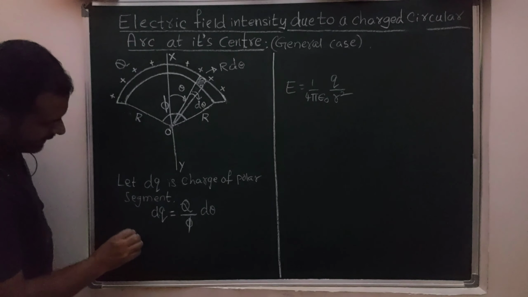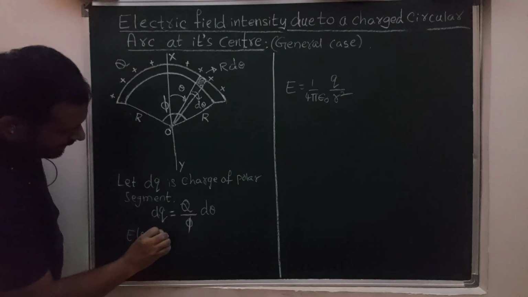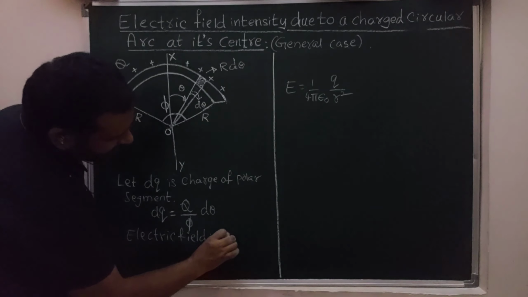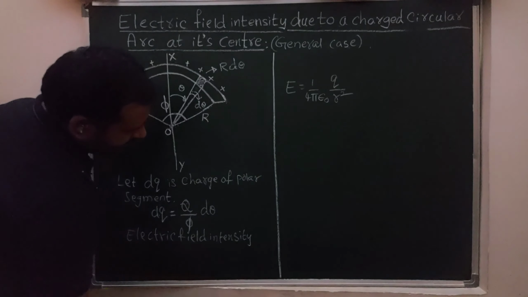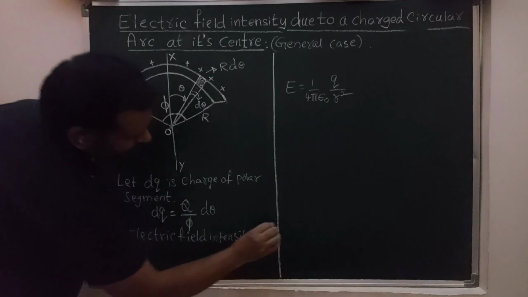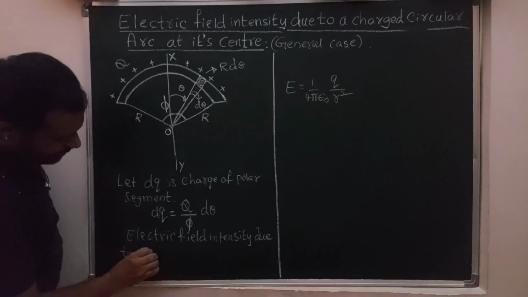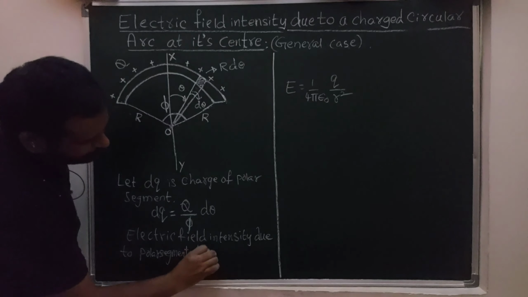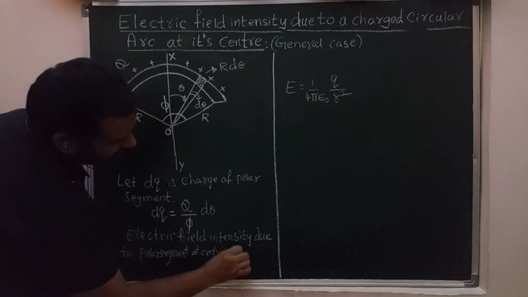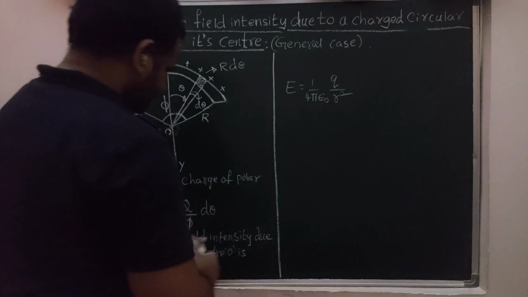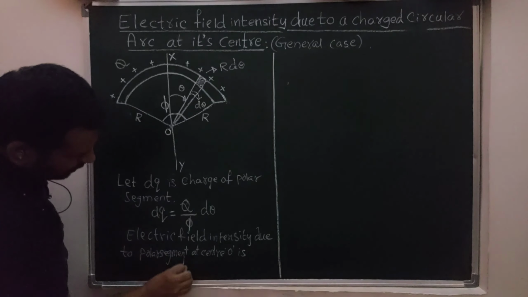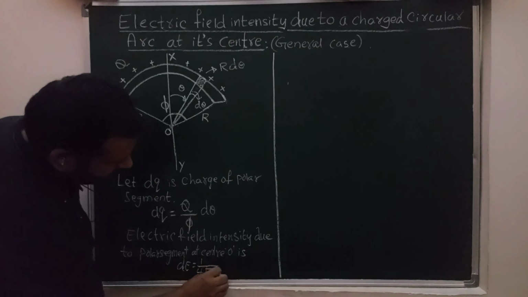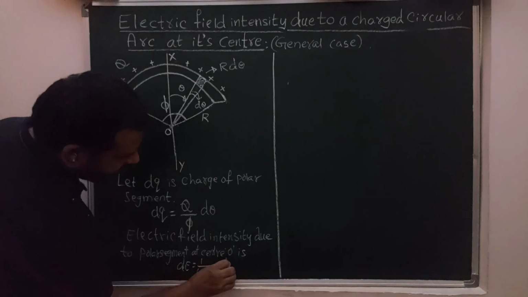So we can write the electric field intensity due to the polar segment at center O. Here dE is equal to 1 by 4 pi epsilon naught into the charge on the polar segment, dq.